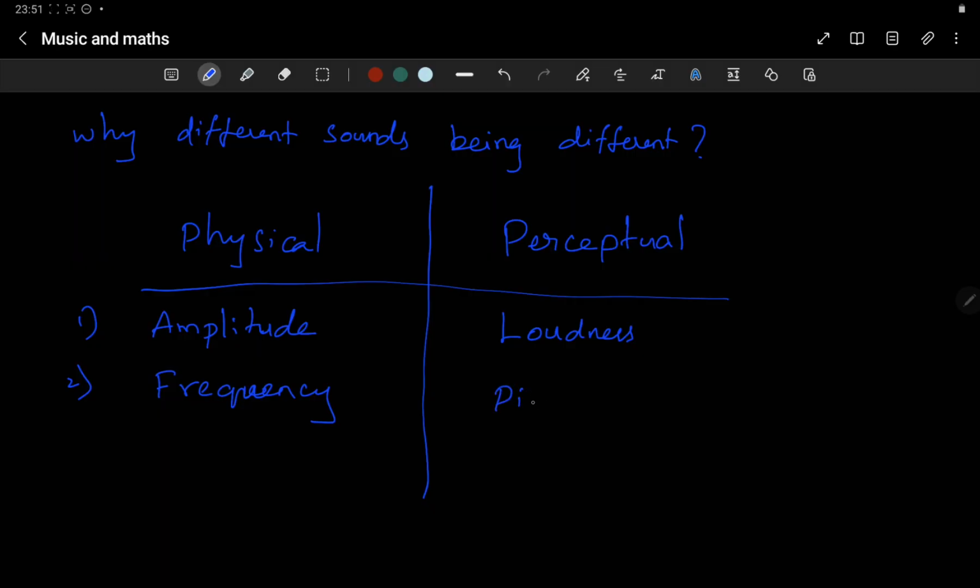It is called pitch. So high pitch, low pitch we call, right? That's the perceptual factor. Later you will notice that even for a high frequency, we sometimes perceive that as a low pitch sound. We'll see some examples later.